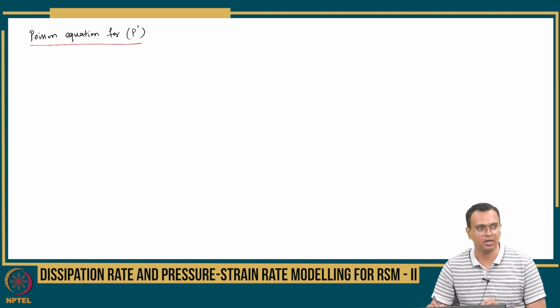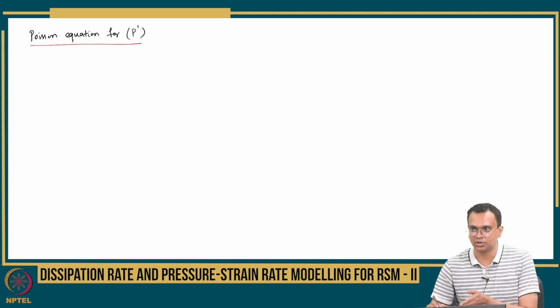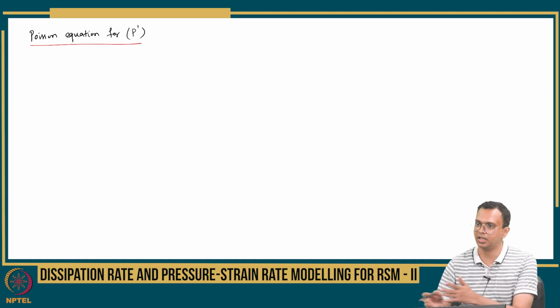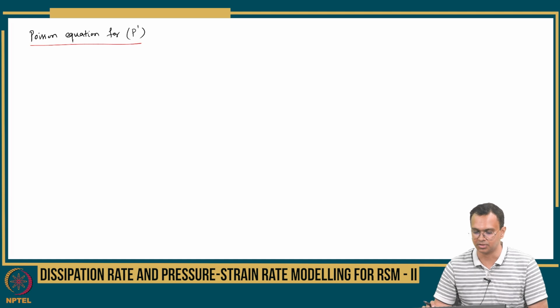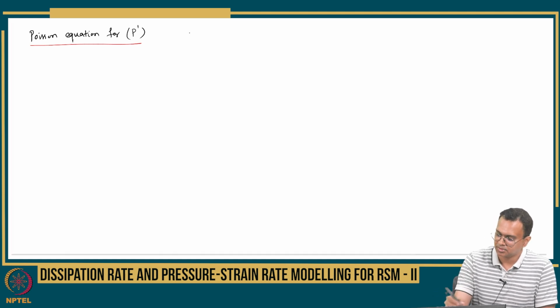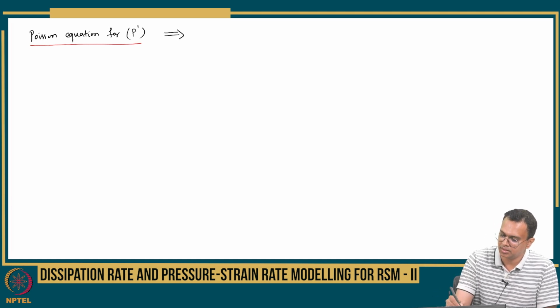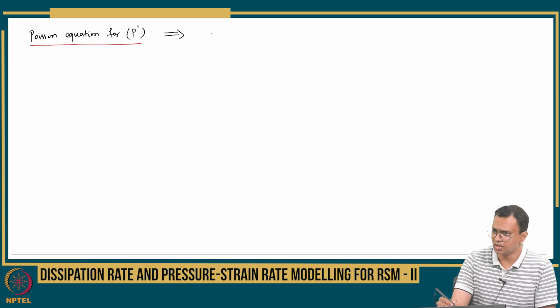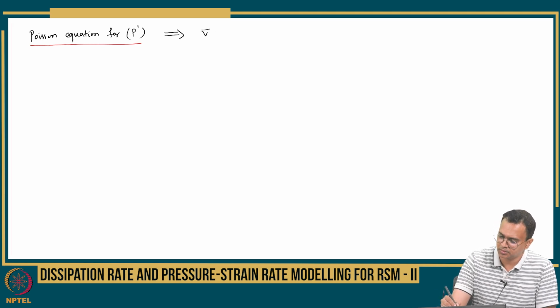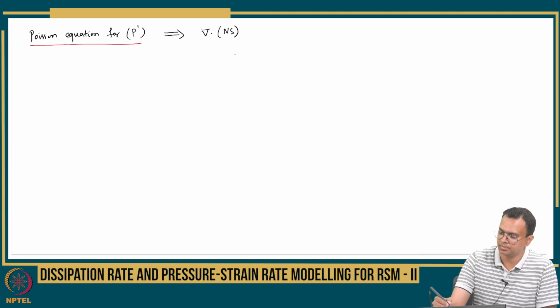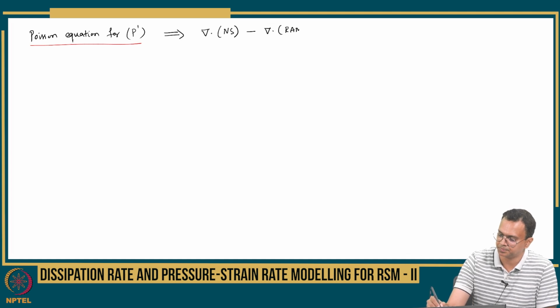Now I need it for a pressure fluctuation because that is there, and I need to slowly move towards its correlation term also with the velocity fluctuations. So the procedure to get this is essentially similar to how you derive your Poisson equation. You have to take divergence of your Navier-Stokes equation minus the divergence of your RANS equation.